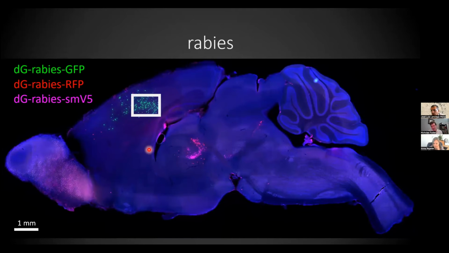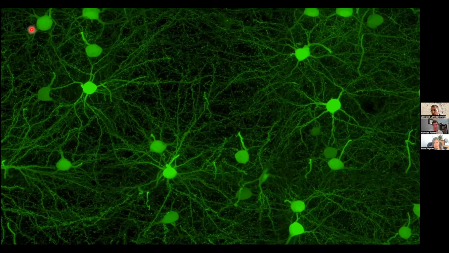And to me, that field of green labeled neurons looked really good. So I photographed that at high resolution with a 60x lens on our confocal microscope, and I obtained this image. And I love this image. I find it mesmerizing, and it illustrates just how well rabies labels neurons.